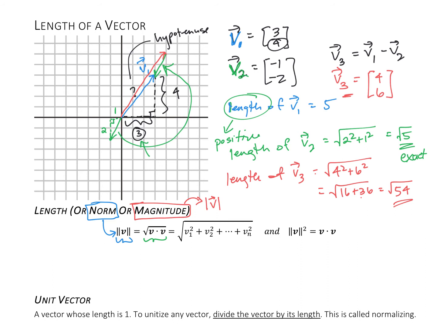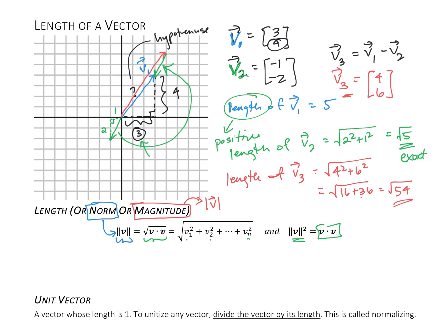And this happens no matter what base we happen to be in, or what dimension we happen to be in. If we're in R2 like this, it's pretty easy to see that triangle. In R3, you can even make a triangle that way, and it works out the same way. But it's always going to come down to taking the square of each of the components, adding them together, and then taking the square root, and that is your magnitude. Hopefully it makes sense that if I take the magnitude of something and square it, it's equal to what I would get if I dotted the vector with itself.